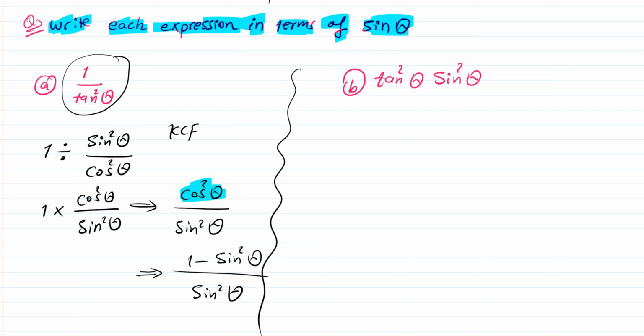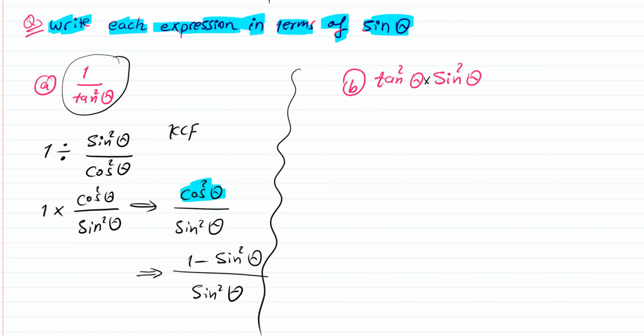Okay. We have another question, and it will be the final question for today's video. We have tan square of theta times sine square of theta. Dear students, to solve this one, remember between them there's multiplication.